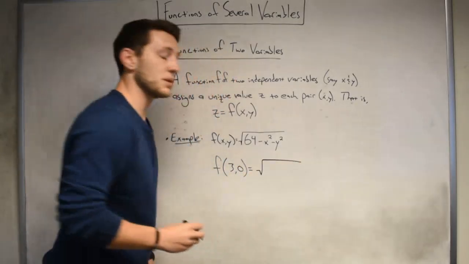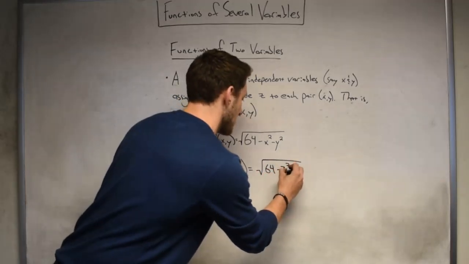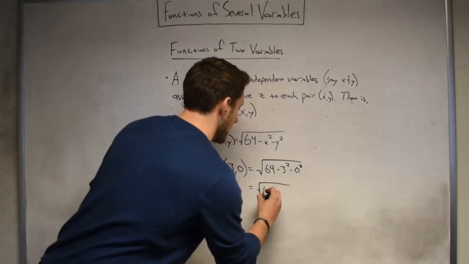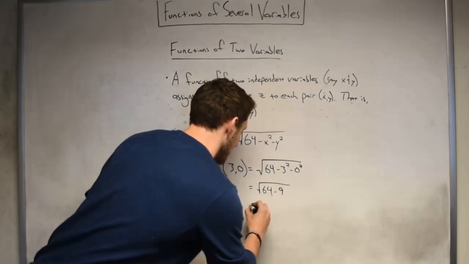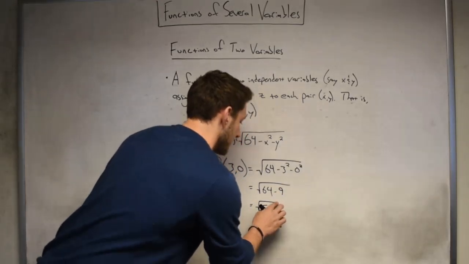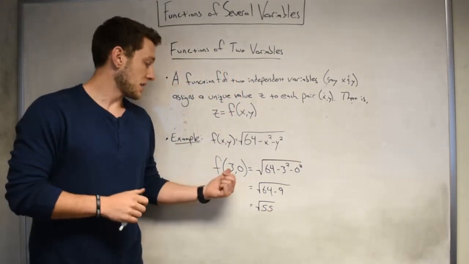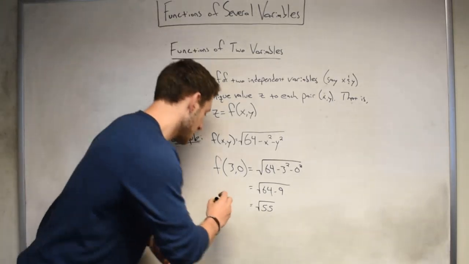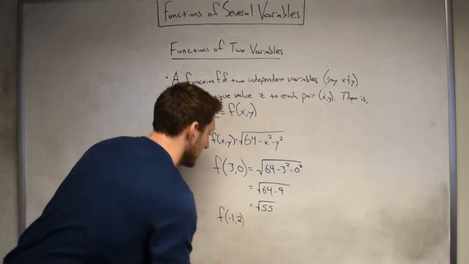So f of 3, 0 would just be the square root of 64 minus 3 squared minus 0 squared. This is just the square root of 64 minus 9, or the square root of 55. So the z value assigned to the pair 3, 0 would be the square root of 55. We could also play this game for a point -1, 2.